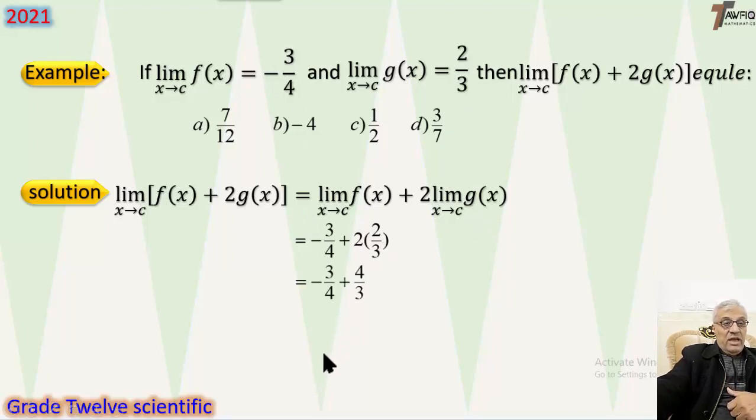Replacing, 2 times 2 is 4, so minus 3 over 4 plus 4 over 3 is equal to, 4 times 3 is 12, 3 times minus 3 is minus 9, plus 4 times 4 is 16. That means 7 over 12.